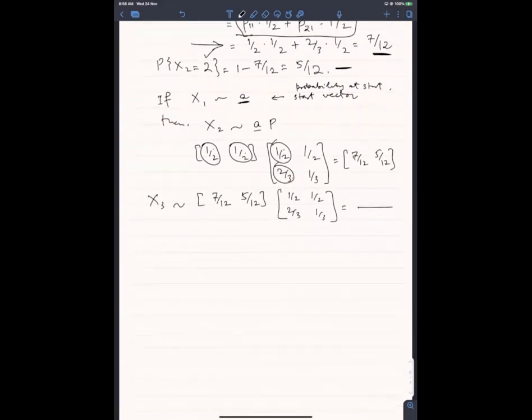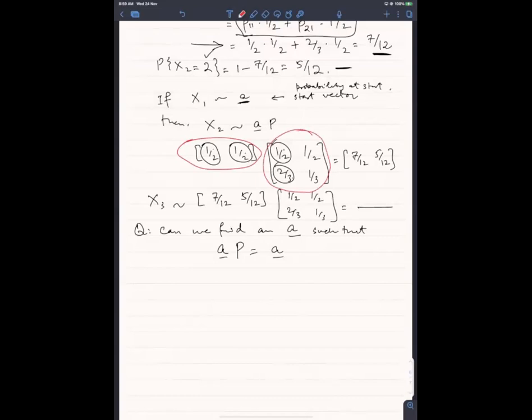Now the question is, can we find an A such that A times P is equal to A? A times P is equal to A. यानी एक ऐसी चीज आपने फाइंड आउट करनी है जिसको प्रोबेबिलिटी ट्रांजिशन मैट्रिक्स से मल्टीप्लाई करें तो वही आंसर आ जाए. तो जो यहां पर आ रहा है वो यहां पर आ जाए. उसका मतलब क्या होगा, कि द प्रोबेबिलिटी ऑफ बीइंग फाउंड इन अ गिवन स्टेट will remain the same.